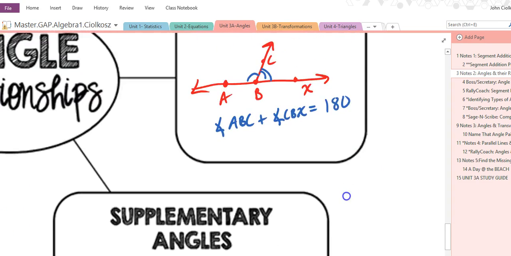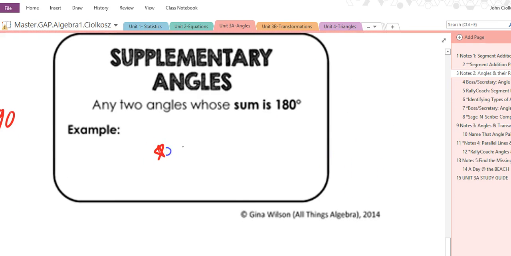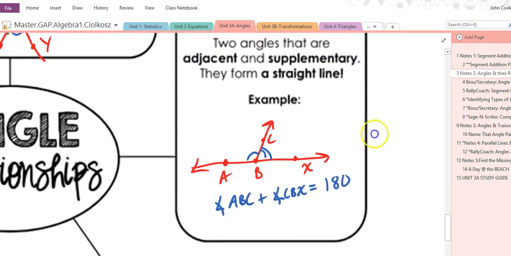Supplementary angles are the exact same thing as a linear pair. So here, we're just going to look at that linear pair. So just know that linear pair and supplementary angles mean the same thing.